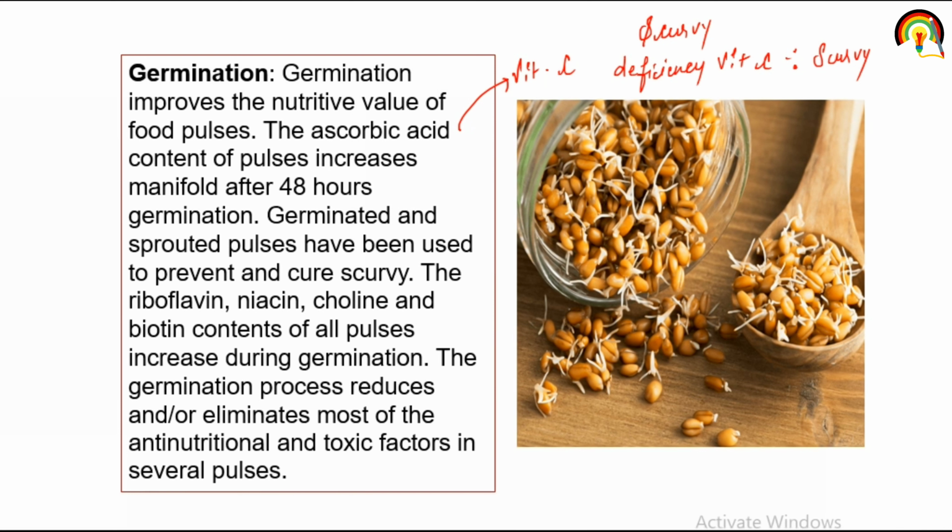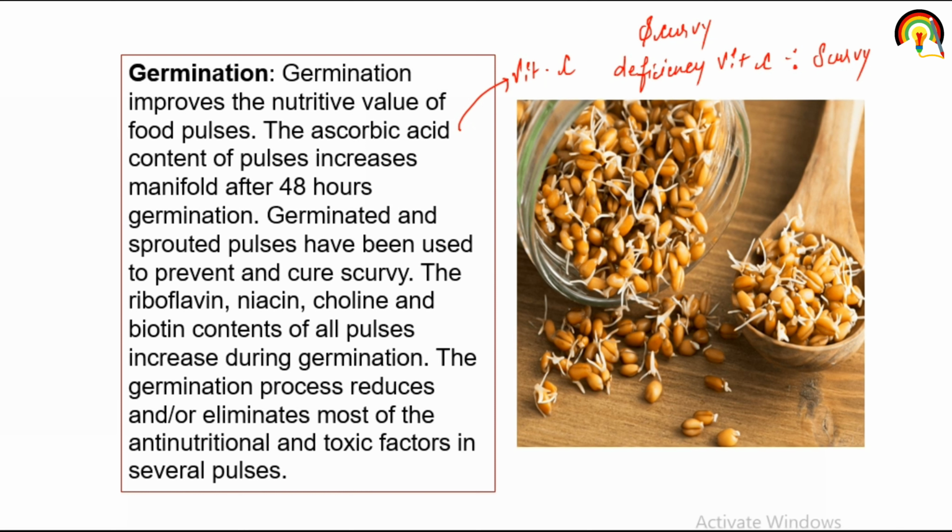So germinated and sprouted pulses have been used to prevent and cure scurvy. Riboflavin, niacin and biotin content of all pulses, these are vitamins, increase during germination. So vitamin content increases after germination in sprouted pulses.